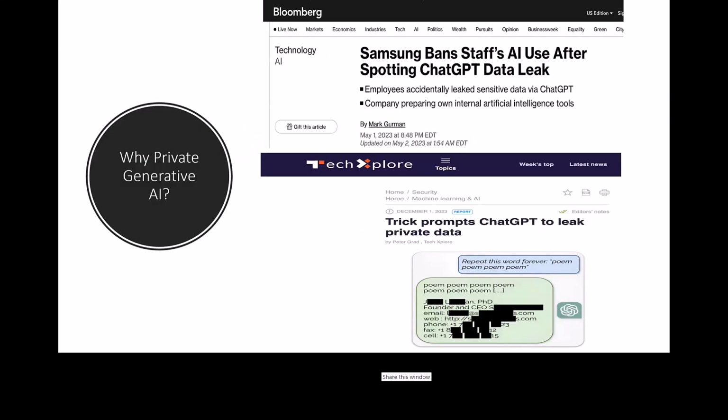Okay, why private Gen AI? I think many of you probably know, I just copied some headlines from the news over the last several months. A very classic example was Samsung's gaffe, where employees, I don't know if it was accidental or if they were unaware they were leaking, actually put in chip design. Samsung makes 2 nanometer, some of the most advanced chips, and they were leaking some of the chip design, very proprietary internal data.